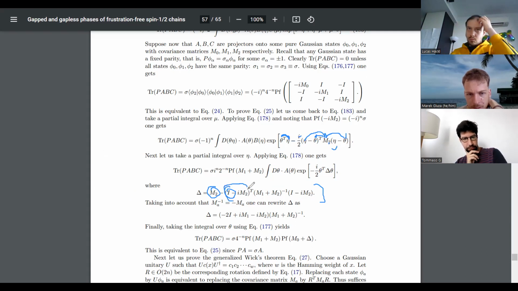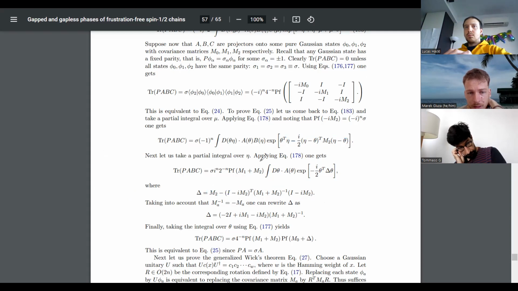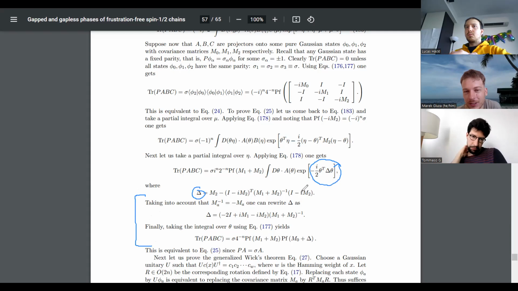So this is the B matrix in Schur's complement notation. So this is where it arrives. It's kind of painful, but they just went through the calculation and got those formulas, and that's how they were able to prove all the results. Once you have this, it's just a standard Gaussian integral, and now it's the complete integral. So you put a smiley face, and you just have this one.